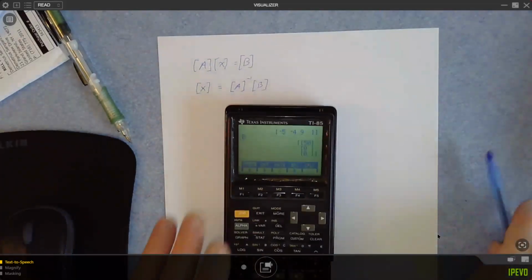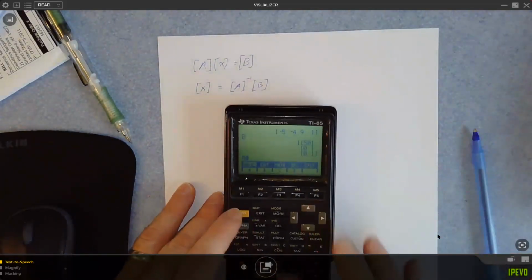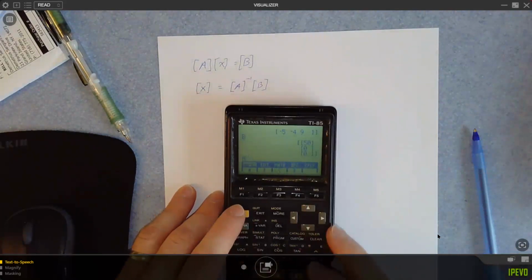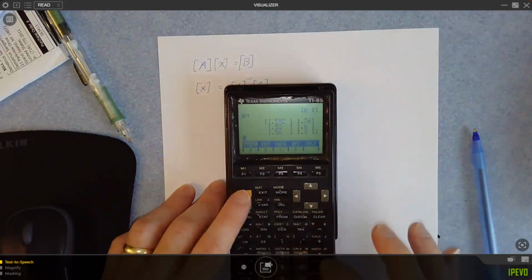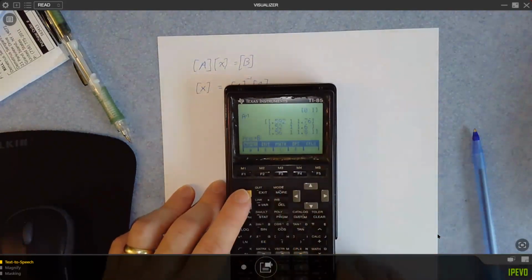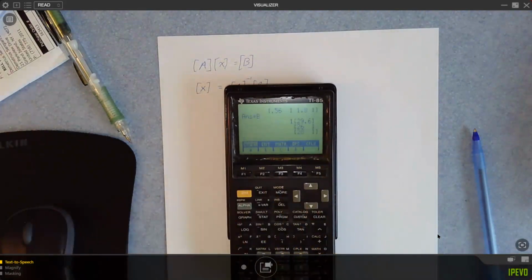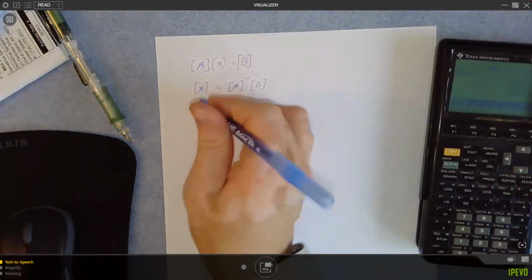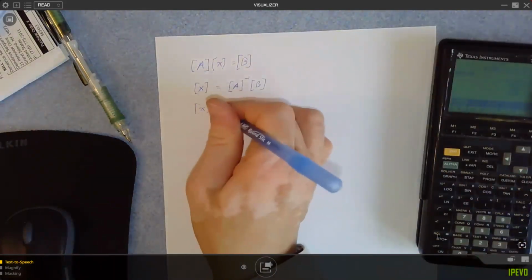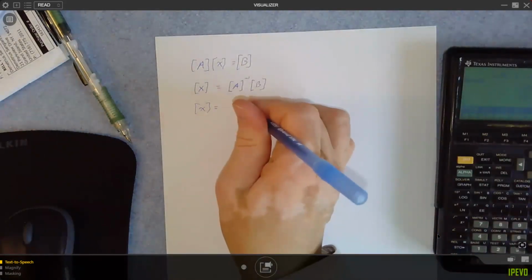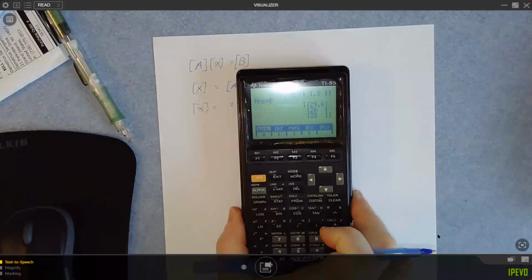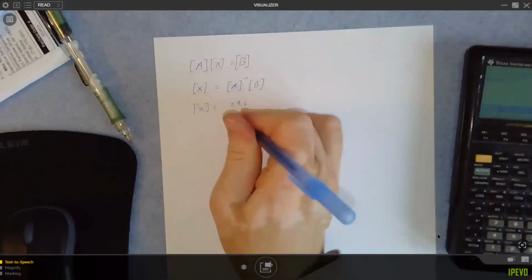And then I'm going to take the inverse of A. You can see what that becomes. And I'm going to multiply that by B. And that gives us the same solution, right? So you get X equals, what do we got, 29.6, 26, and 28.